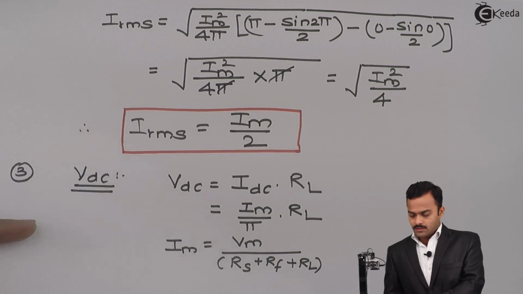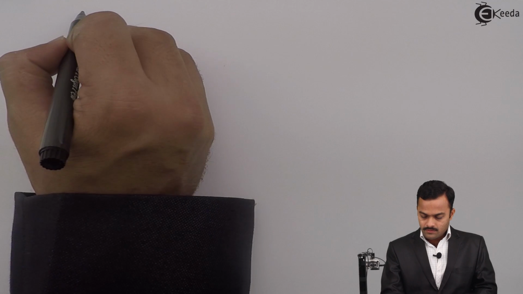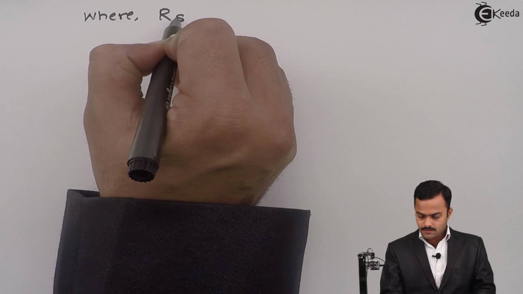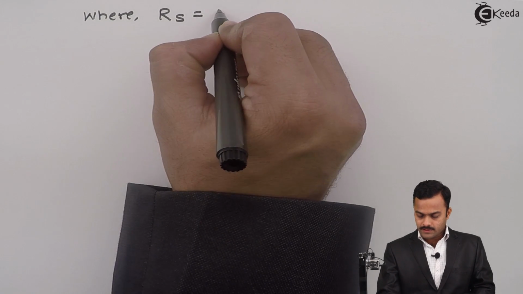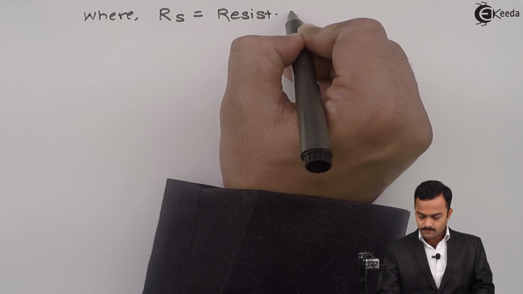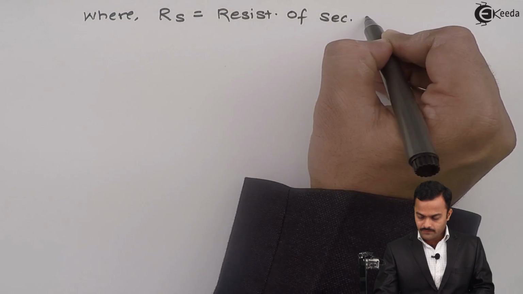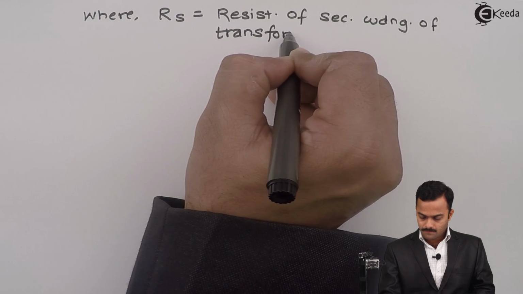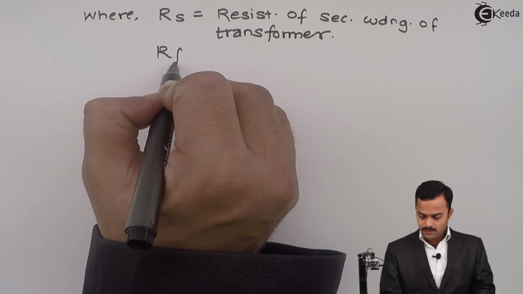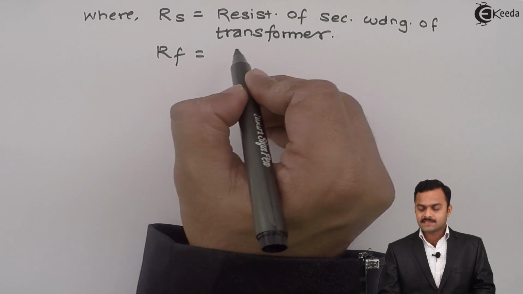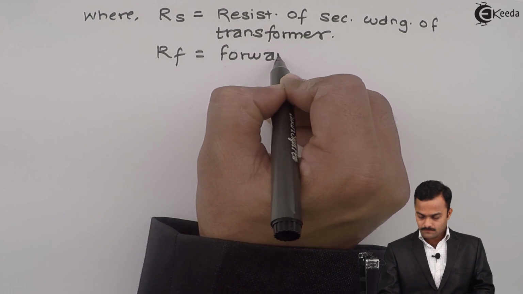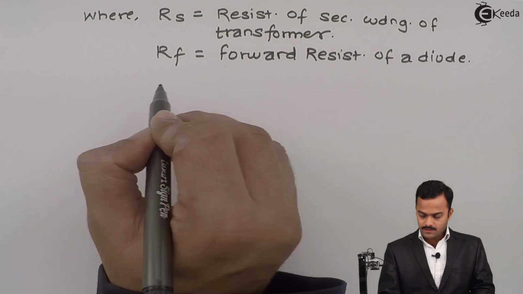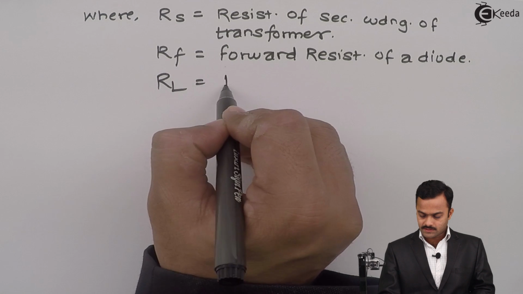So I write here once again, in the expression Rs is the resistance of secondary winding of a transformer, Rf is forward resistance of a diode, and RL is the load resistance.